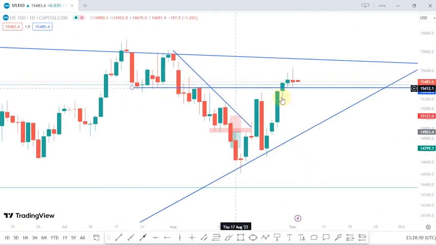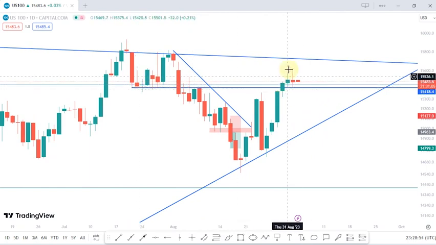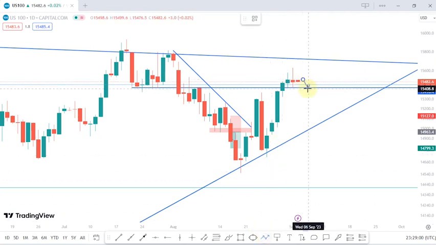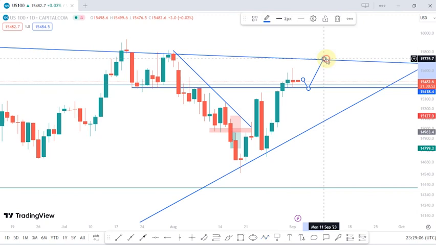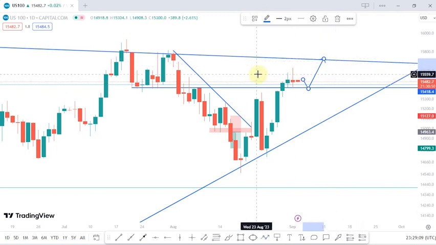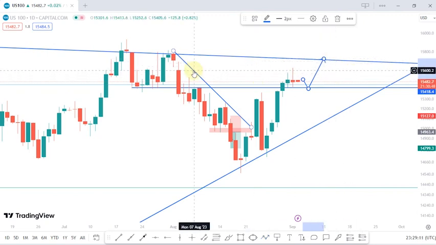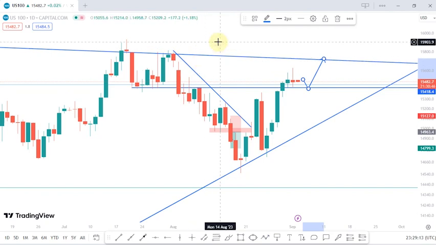So US100 broke this support and resistance level, and I think it's trying to find a support on this level before going up to hit the next support and resistance level. This is the daily time frame.